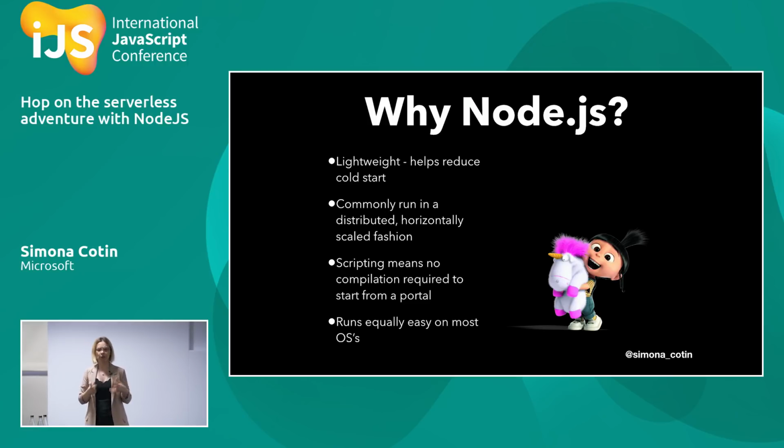It's also very commonly used for scaling in a distributed and horizontal manner. So we don't scale by adding more resources to our application, but we scale by executing in parallel. And many times when we're writing serverless code, sometimes we have to write that in the browser. And by not having a compile step, it just makes coding much easier.